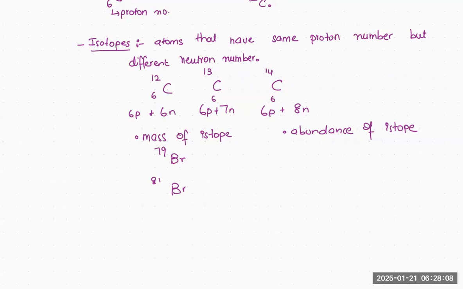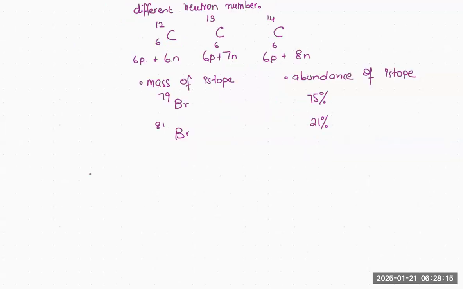So let's say bromine 79 is 75% and bromine 81 is 25%. To find the relative atomic mass, the formula that you're going to use is mass multiplied by abundance.